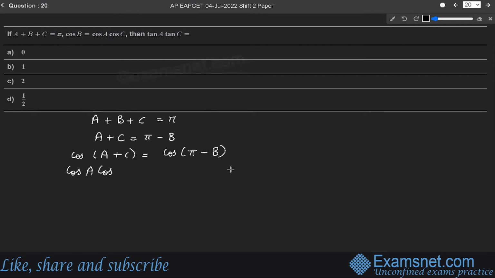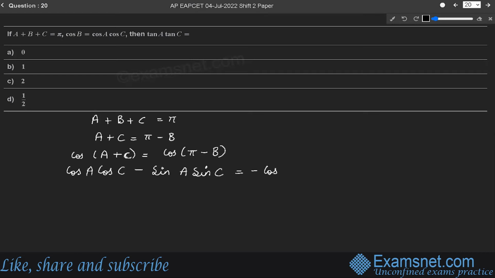Now applying the formula for cos(A plus B), it will be cos A cos C minus sin A sin C. It is cos A cos B minus sin A sin B. Here A is equal to A and B is equal to C. This is equal to cos of (pi minus B). We know that cos of (pi minus theta) is minus cos theta.